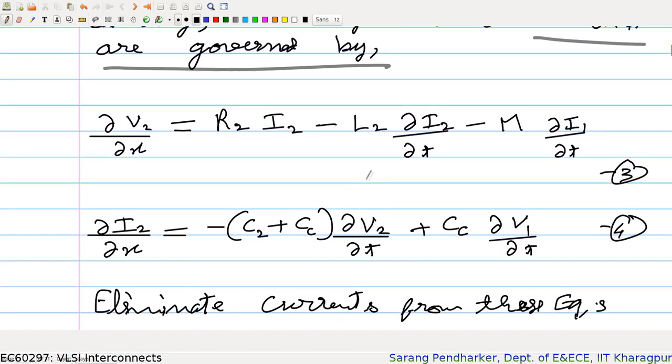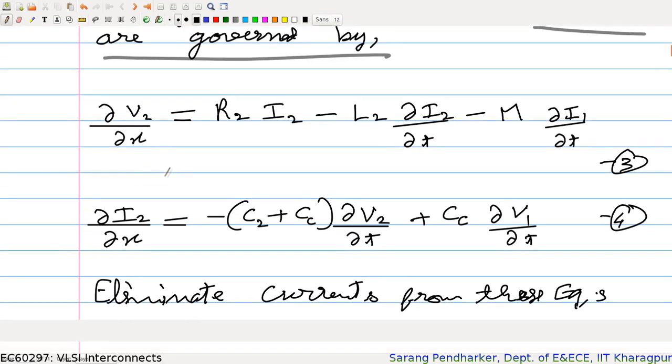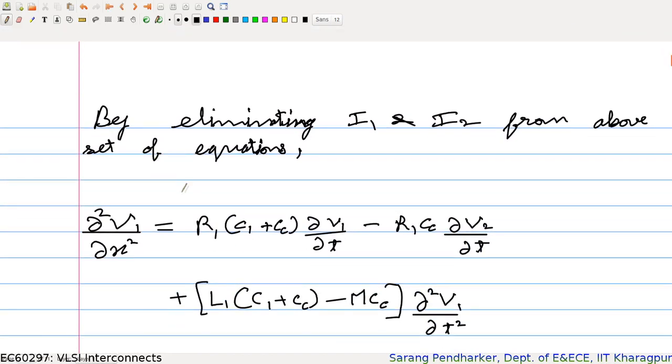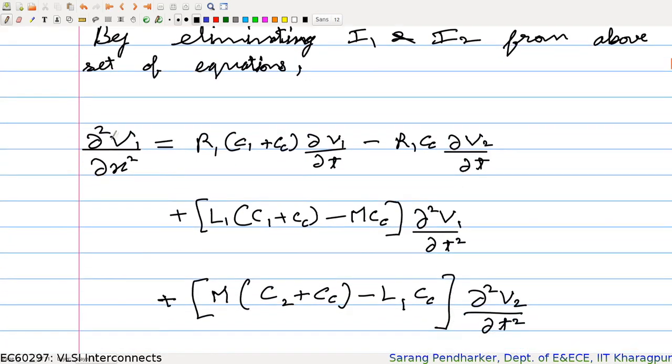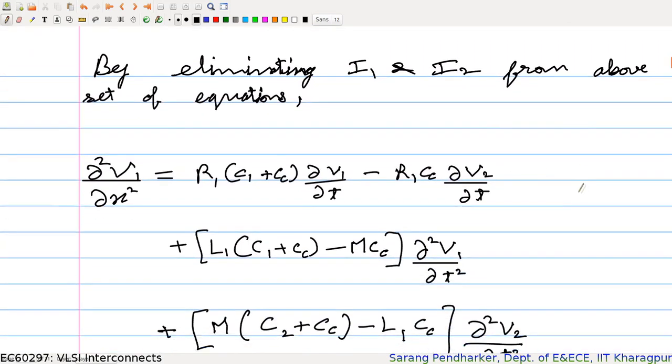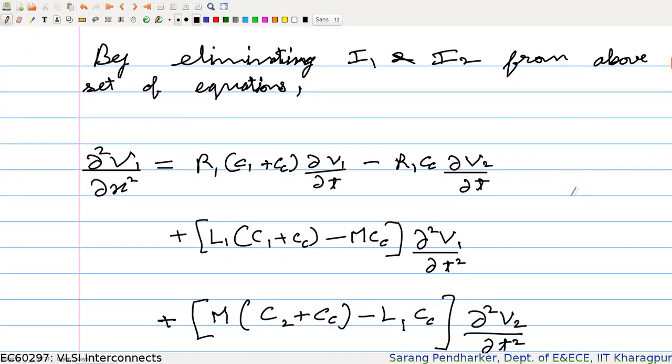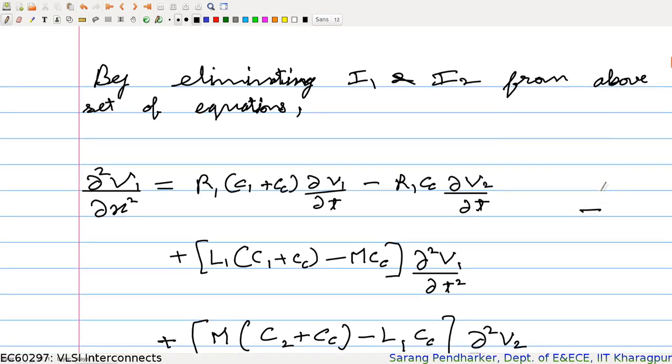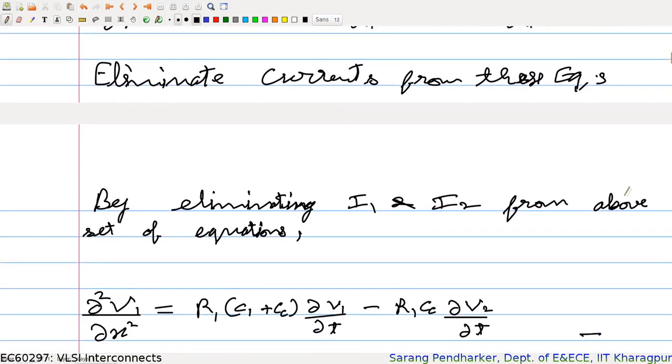You will get two equations, and both equations will have terms of V1 and V2. So I've simply written these equations. From equation 1, if we eliminate current, we get an equation like this. Let me call these 4 and 5.